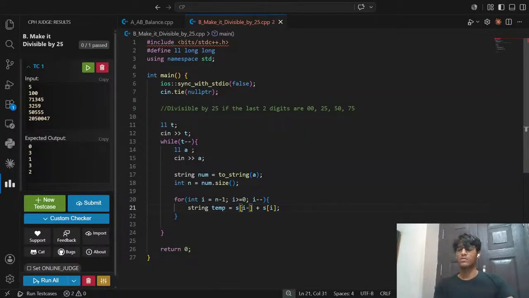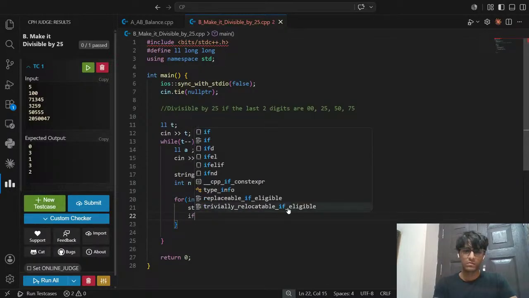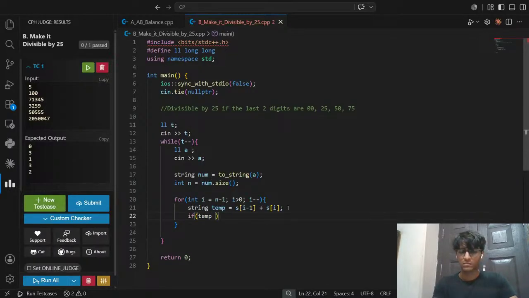This should be minus 1 and should be greater than 0.